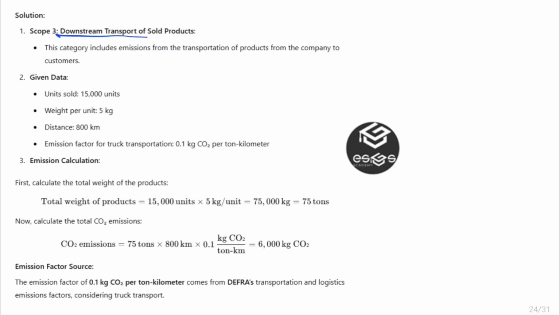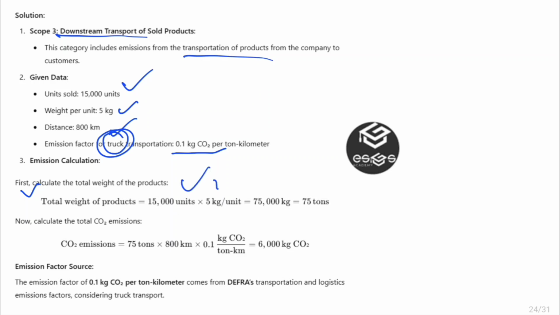If we see the solution, downstream transportation covers the emissions from the transportation of the product from the company to the customers. Total units 15,000. Weight per unit is 5 kg. Distance traveled 800 kilometers. And the emission factor for truck transportation, as it is talking about the truck, is 0.1 kg CO2 per ton kilometer. Now what will happen? First calculate the total weight of the products.